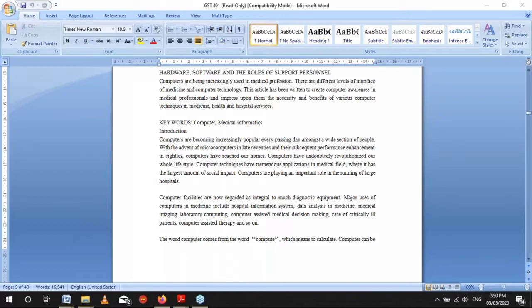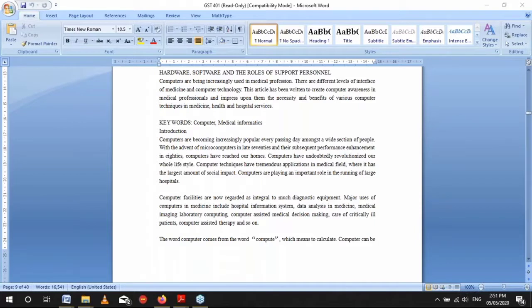All major calculations and comparisons are made in the central processing unit. It has 3 constituents: the memory unit, the control unit, and the arithmetic logic unit.